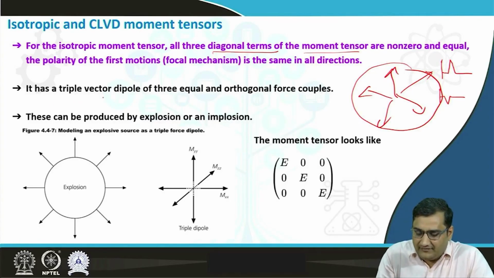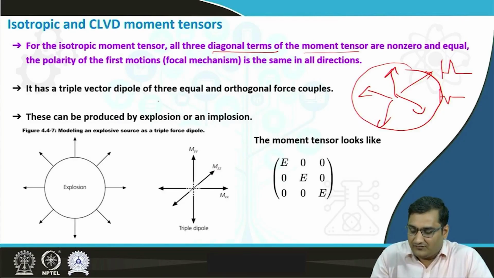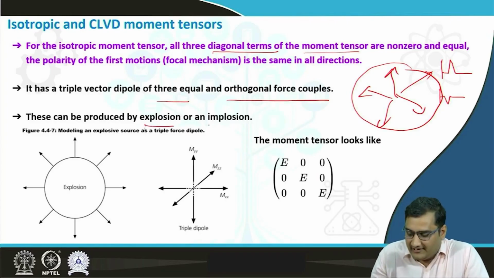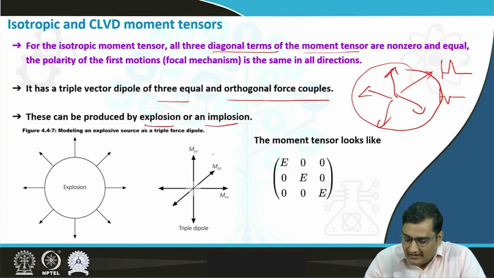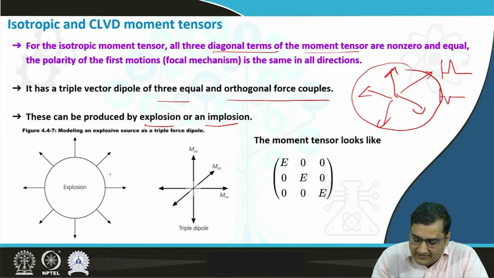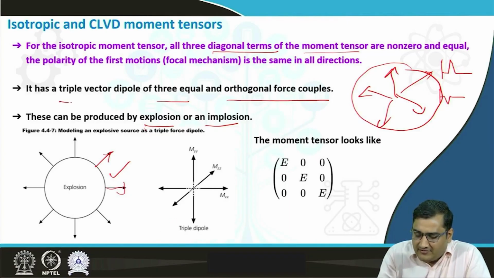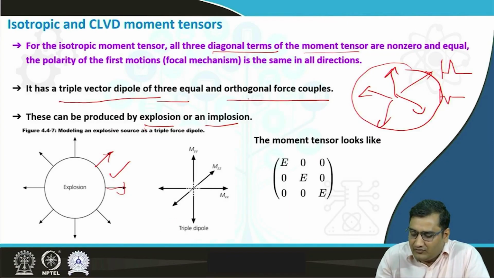It has a triple vector dipole of three equal and orthogonal force couples. So this can be produced by explosion and implosion. This is the diagrammatic representation of the explosion. The forces it is producing are going in the outward direction like this. As I said, it is a triple vector dipole of three equal and orthogonal force couples.